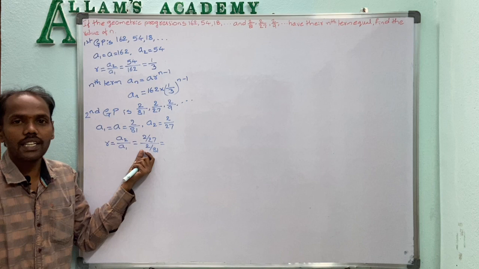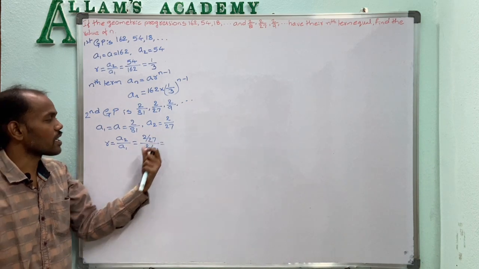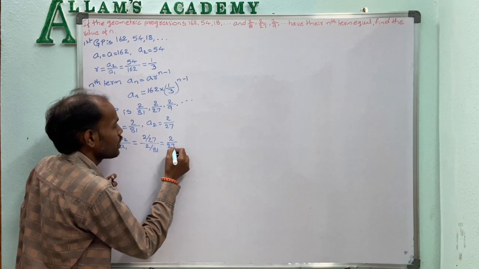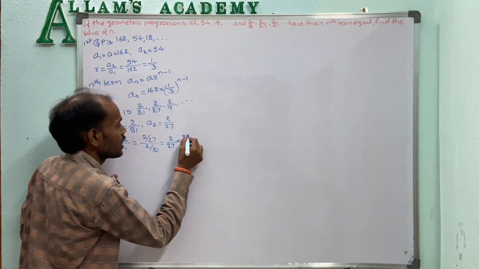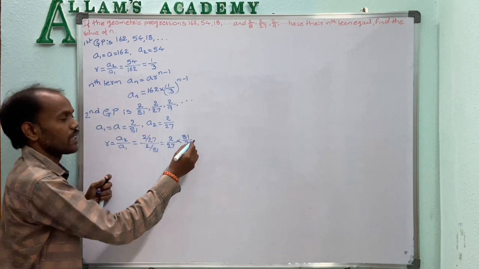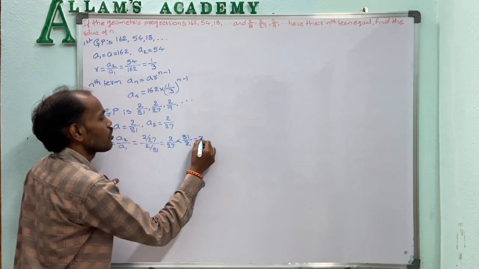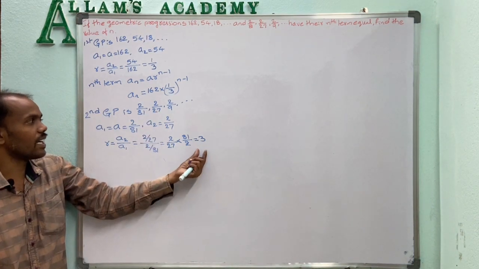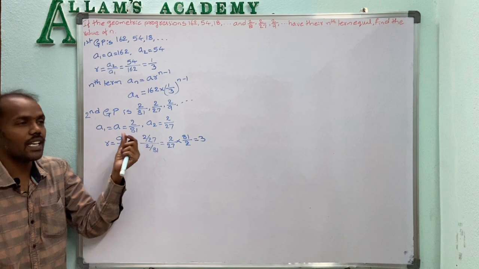Here the denominator is in fractional form, so we take its reciprocal and multiply: 2/27 into 81/2. The 2 gets cancelled, 27 threes are 81. So the common ratio of this second series is 3 and the first term is 2/81.